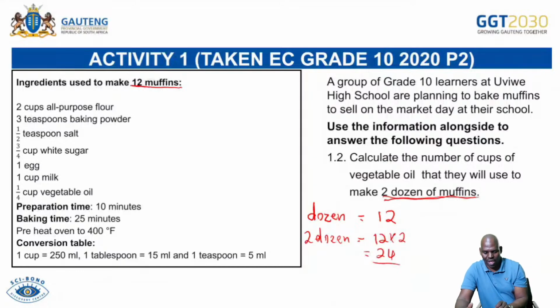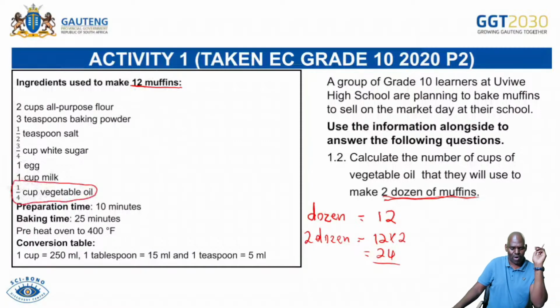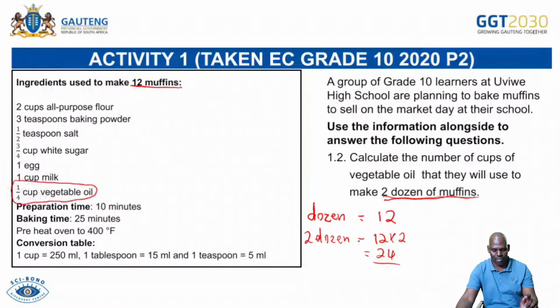So in this case, they say calculate the number of cups of vegetable oil that they will use to make 2 dozen. Okay, vegetable oil, we've got a quarter of a cup. If a quarter of a cup is enough for 12 muffins, what number of cups will be needed for 24 muffins?